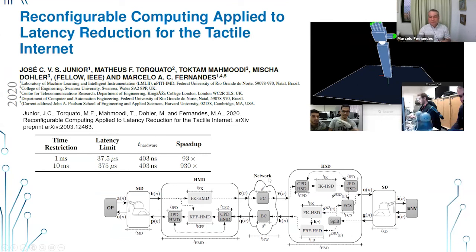This is a tactile internet demonstration. I don't know if you know, but the tactile internet is the next generation of the internet, where we will be able to sense things over the internet.